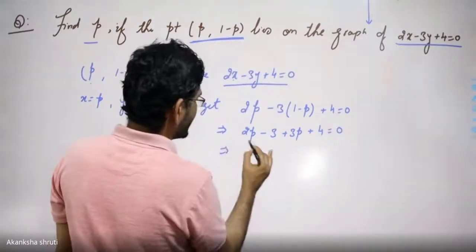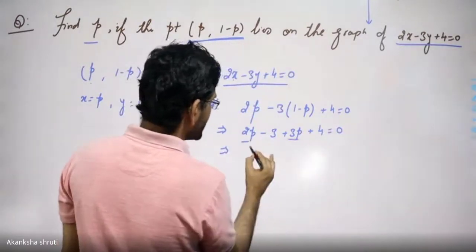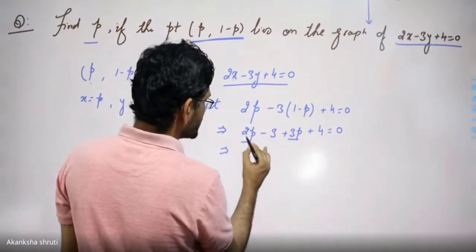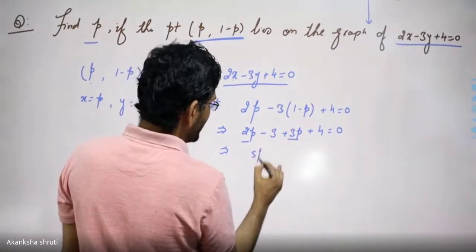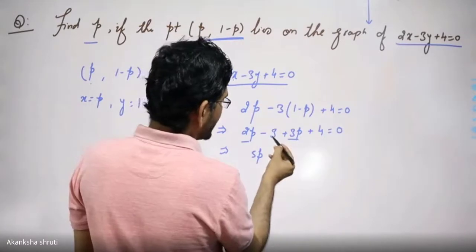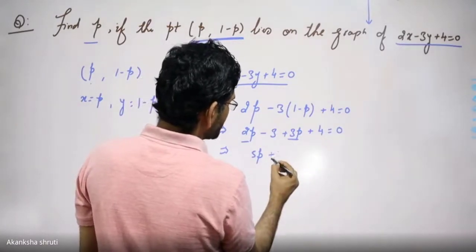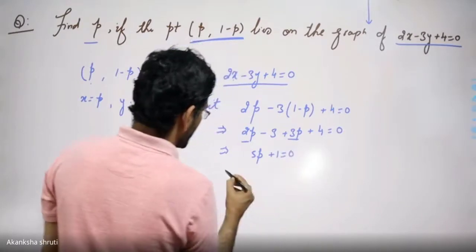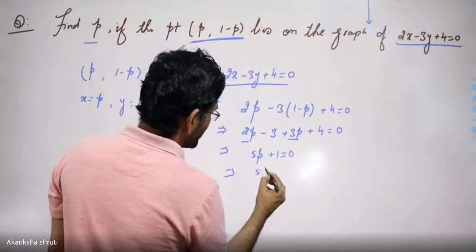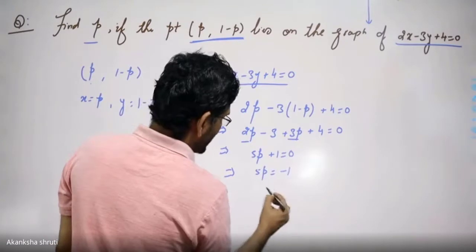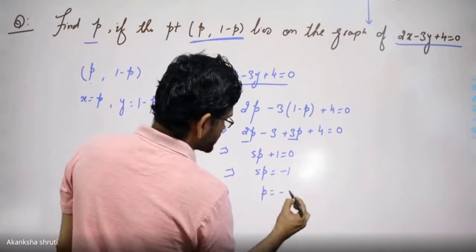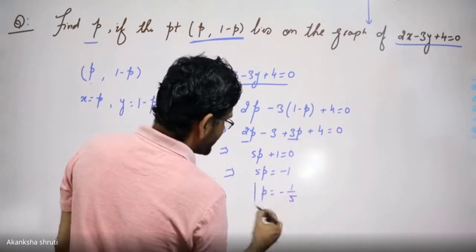Go for adding the variables. Now it is p, 2 plus 3 is 5p. Go for adding or subtracting the constants. It is 4 minus 3, so plus 1 equals 0. This implies 5p equals minus 1. So p equals minus 1 by 5.